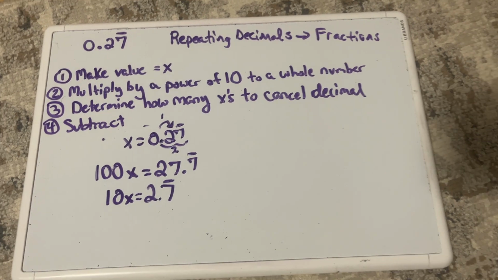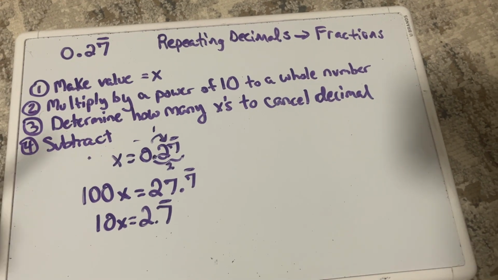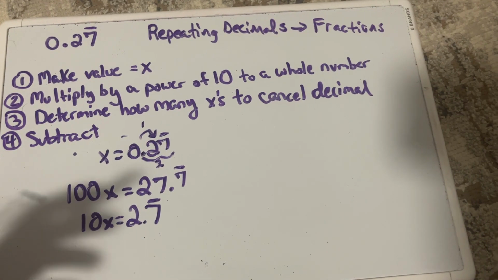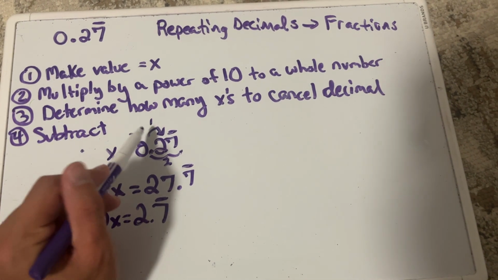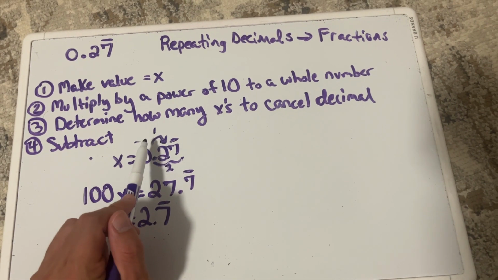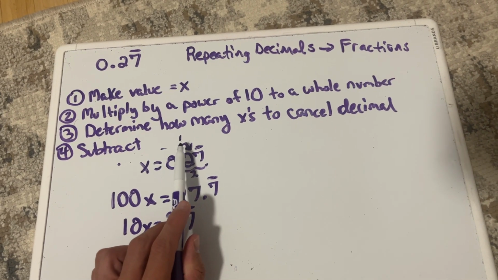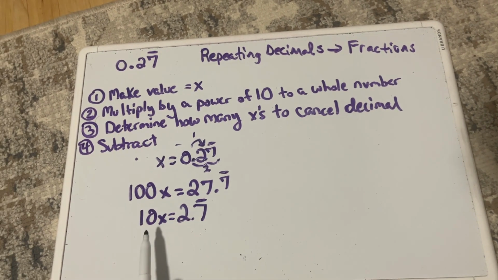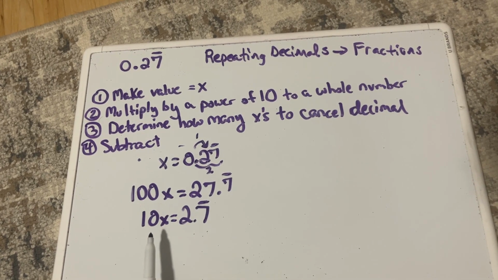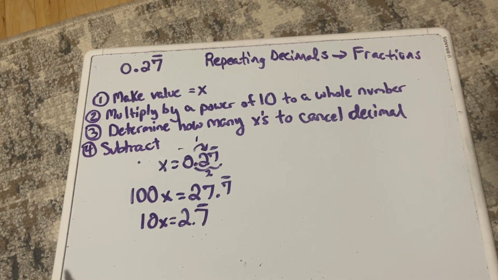So before we were able to just do minus x, because it worked out. But since I had to change the power of 10 to get just the 7 repeating now, I only have 1 power of 10 to work with. So I'm not going to subtract just 1x.